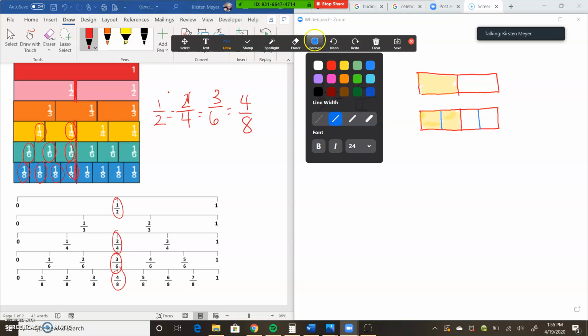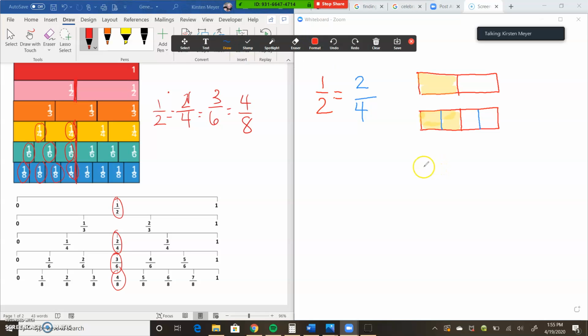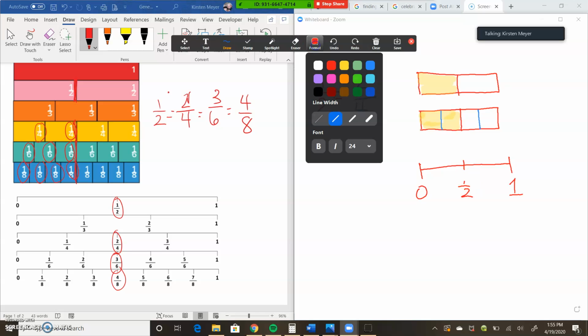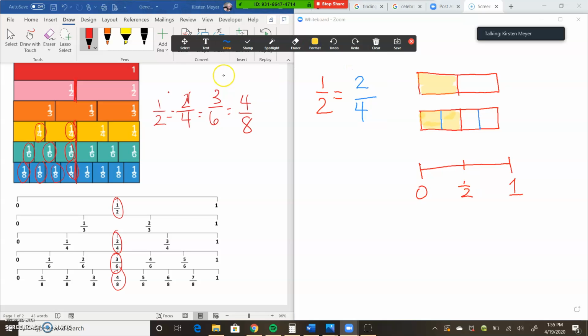If we wanted to show that on a number line, we could do it as well. We could start with 0, 1, showing 1/2, and showing that we hopped that 1 hop to 1/2. But then we could say, well, I'm going to take that and split it, and take that and split it.